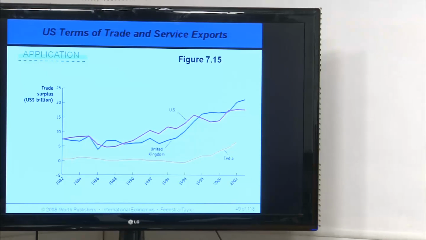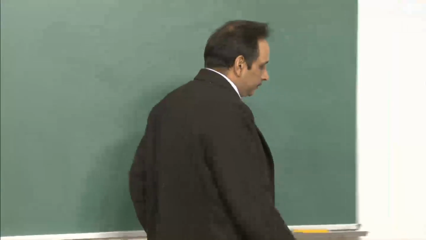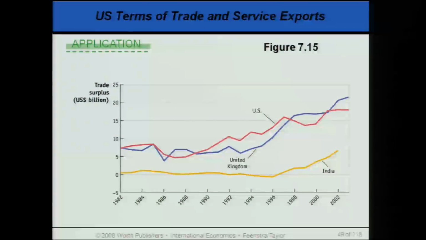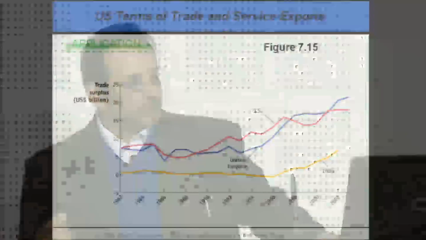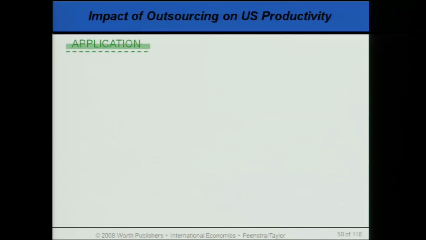That is something one cannot say, because what will happen in the future one cannot predict convincingly. But there is always a possibility that if India does well in the service sector, it has a detrimental impact on the US and the United Kingdom's trade surplus.